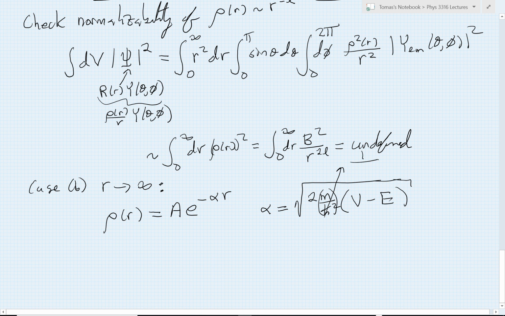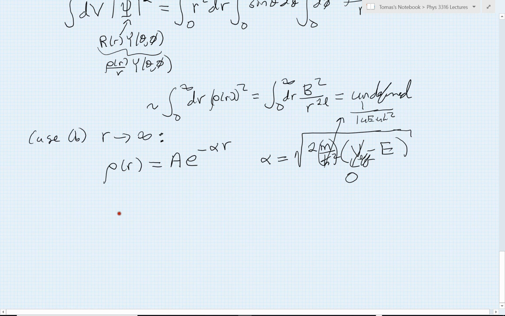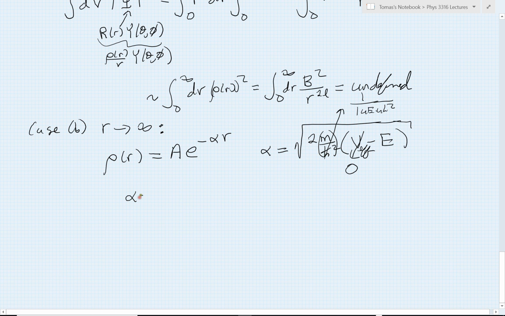So that's 1 over 1 unit energy unit length squared. But it has a numerical value of 1, so I can eliminate it. Also, as r goes to infinity, the potential and the effective potential both go to 0. So therefore, I learned that my alpha constant is the square root of minus 2E in my dimensionless units.